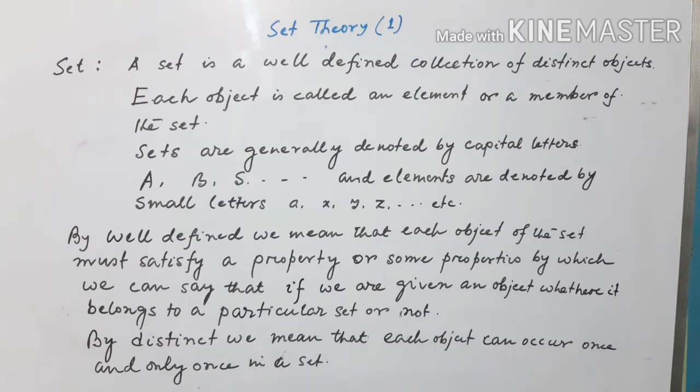So you can count there are 9 letters, but the set will contain only 6 letters: C, O, M, I, T, E. So remember that every set is a collection, but every collection is not a set. If every object of the collection has a common property or more than one common properties, only then we can call a collection a set.